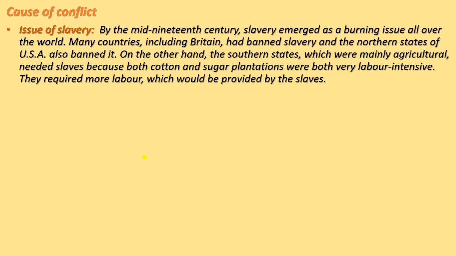But the southern states, where agriculture was the prominent profession, did not ban it. In the southern states, cotton and sugar were extensively cultivated, which required a large amount of labor that would be provided by the slaves. And therefore, the southern states were in favor of slavery.